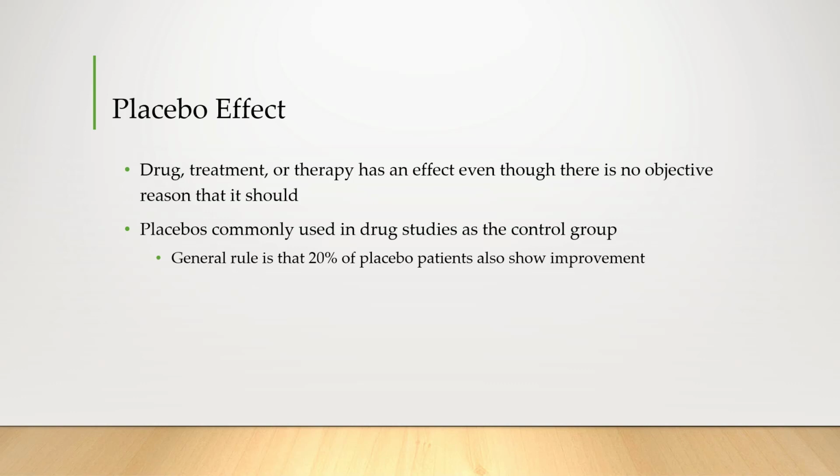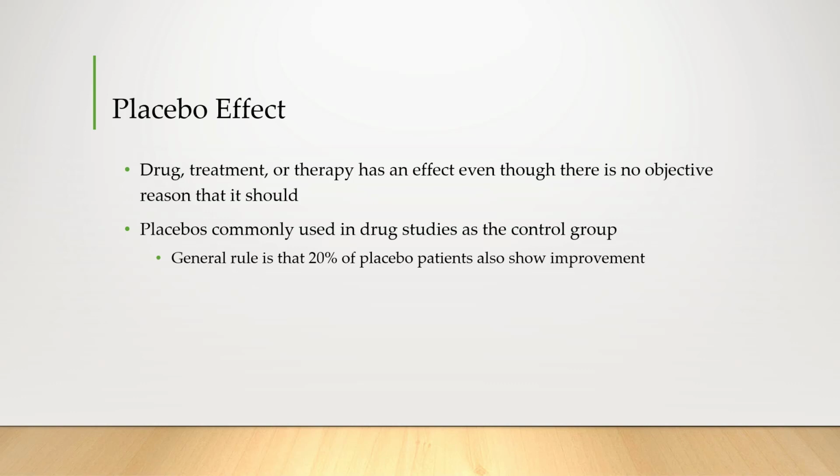But with placebos, you will see a 20% increase of improvement within patients. And a lot of that is mental, or potentially the people didn't have as egregious of an illness as some others. But the power of positivity truly works, especially within medicine.